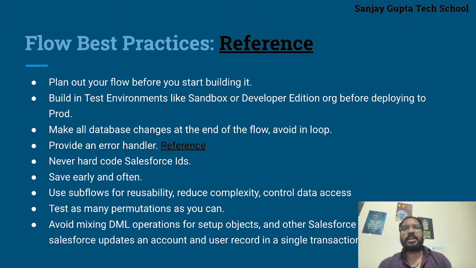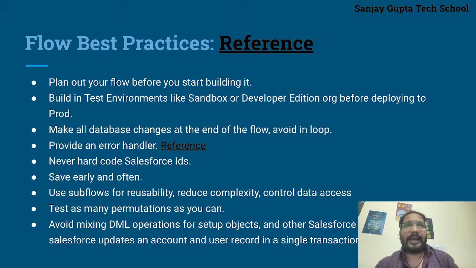If your loop is executing 5 times, they will also be executed 5 times. In Salesforce, we have some limits, known as governor limits. To stay within those limits, you need to avoid database change elements inside the loop. You implement them once your loop is completed.